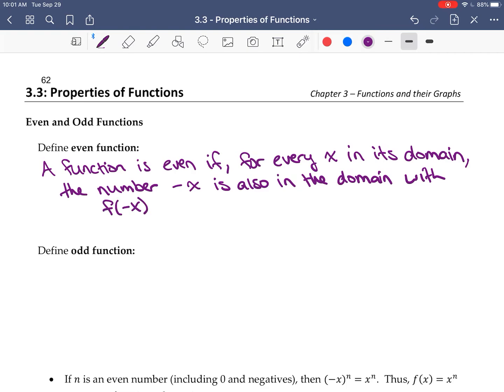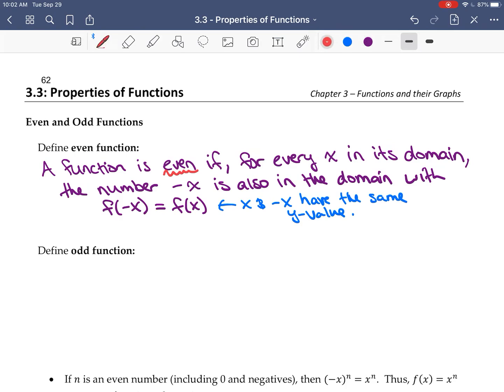So f of negative x is equal to f of x. X and negative x have the same y value. Okay, so that's what we call an even function.